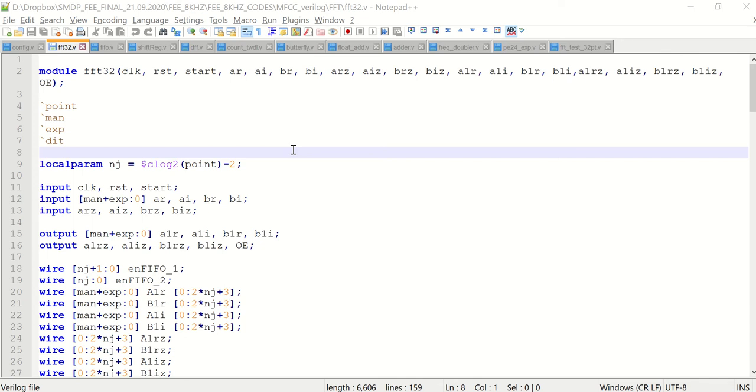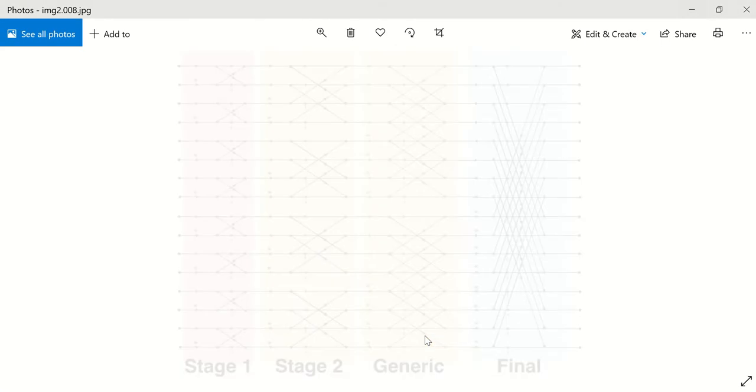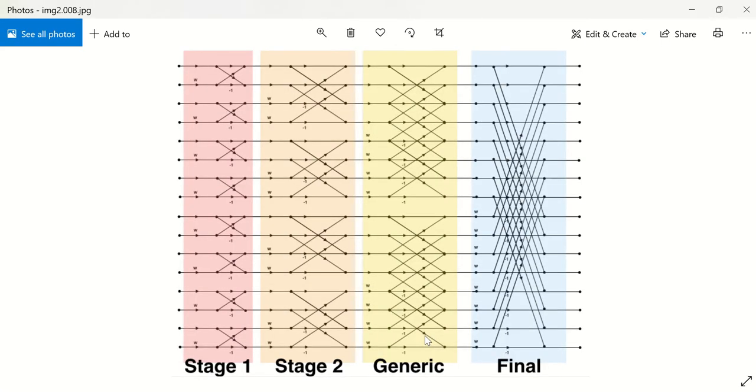This is done by observing the properties of periodicity and symmetry, and from that a butterfly diagram is built, from which the complexity of the implementation of a DFT can be reduced. So for 32-point FFT, we'll have 5 stages.